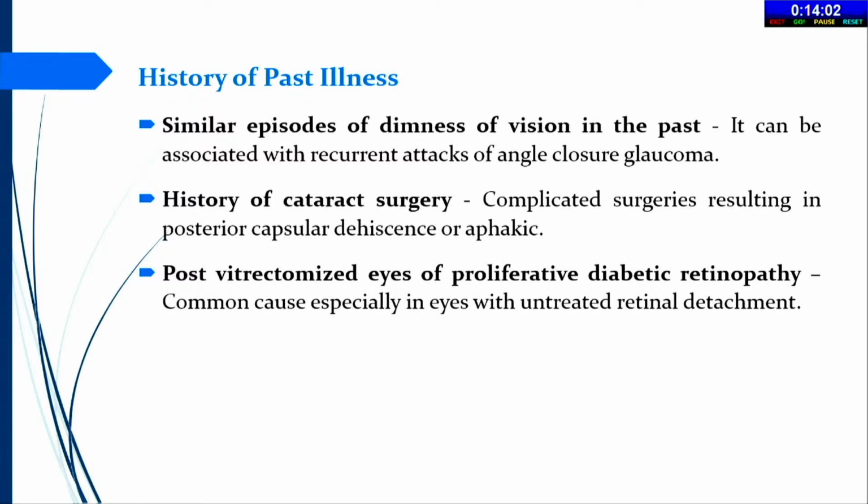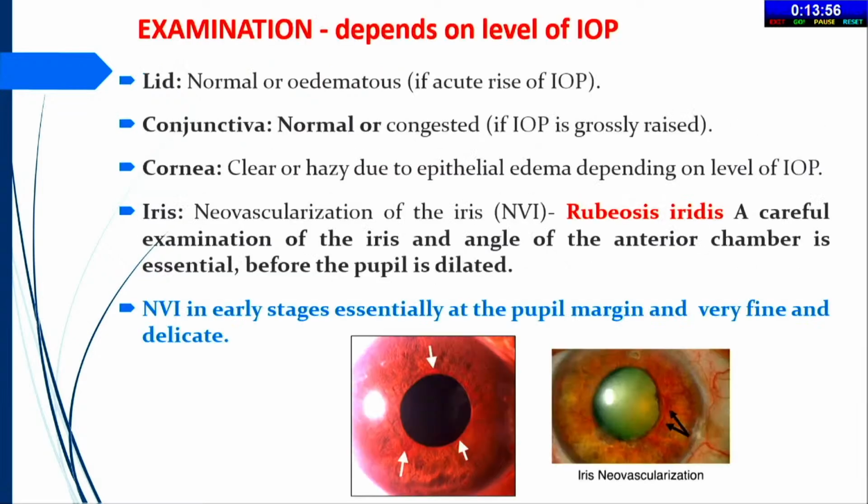They might have undergone a cataract surgery complicated with a PCR, or may be phakic or post-vitrectomy patients. When you examine, they look normal if there is a gradual rise in intraocular pressure. But if there is a sudden rise of intraocular pressure, it behaves like an acute angle closure glaucoma patient.